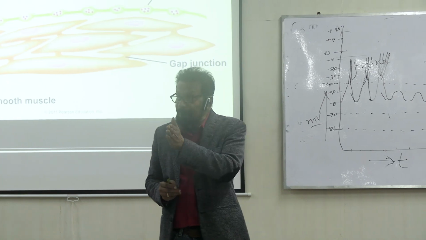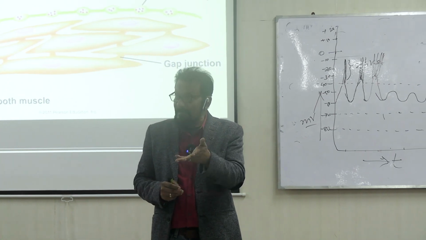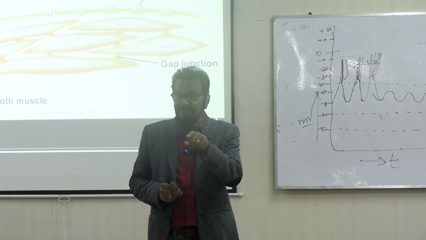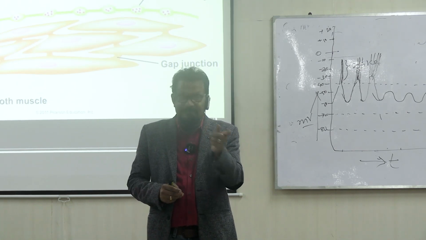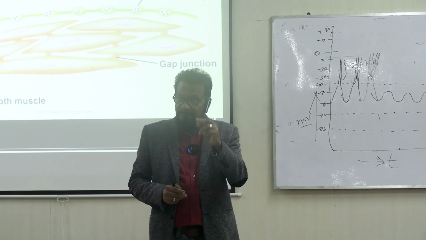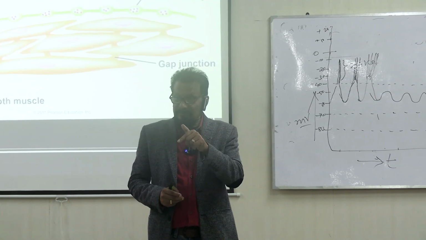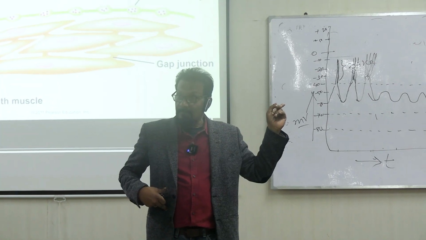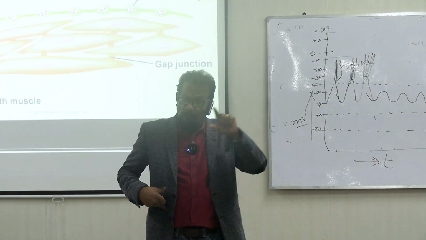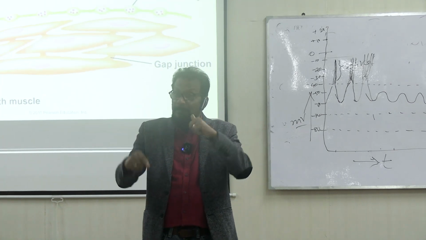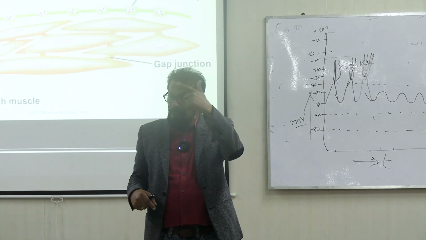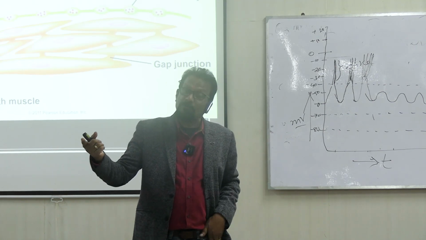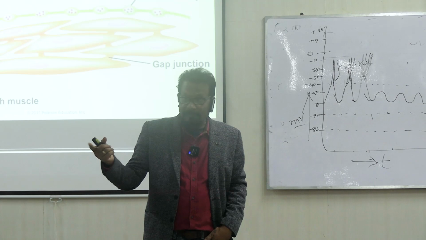One is slow rhythm or pacemaker potential, or BER, basic electrical rhythm. This BER, pacemaker potential, is unable to produce contraction of the muscle fibers, muscle cells. But when these fibers are capable of producing spikes, then only muscle contraction will be there, otherwise not.